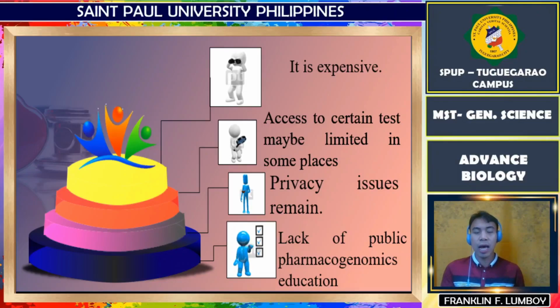Another issue is that the average person does not know much about pharmacogenomics. I myself don't have an in-depth knowledge about pharmacogenomics. How does it work? How does it apply? How is it being applied in the hospitals? How does it benefit my body? I don't have sufficient knowledge about pharmacogenomics.